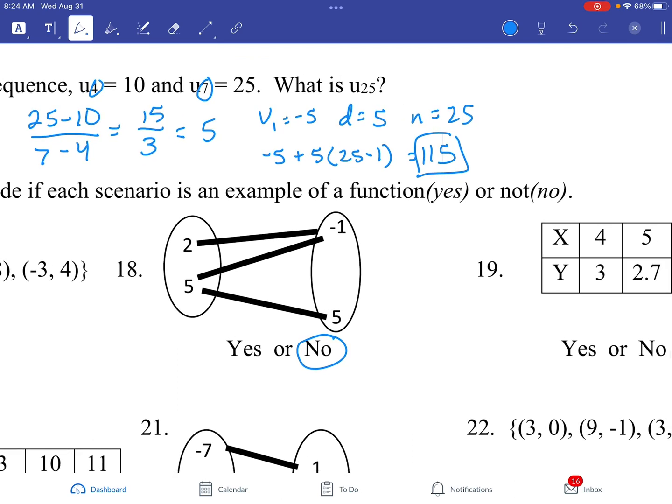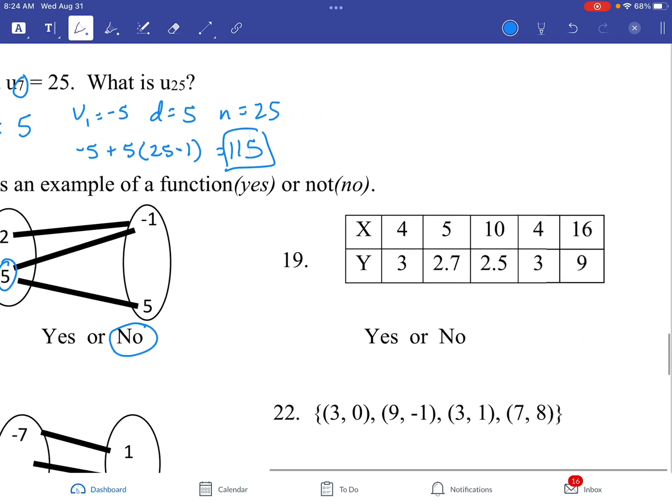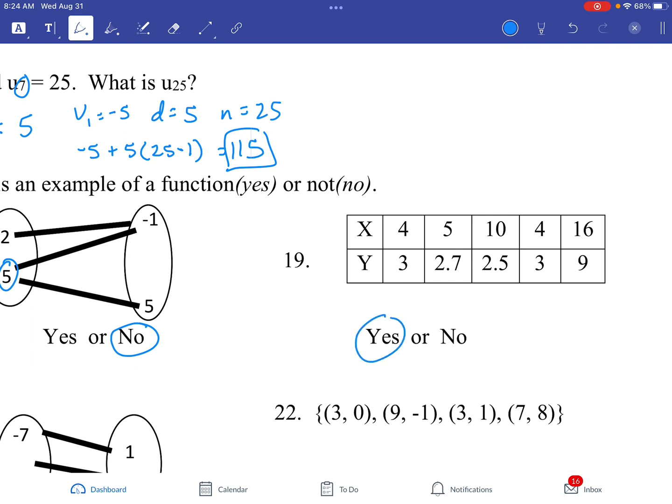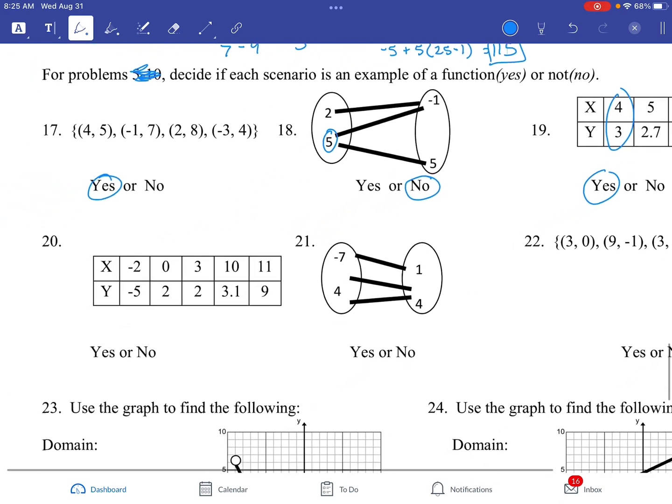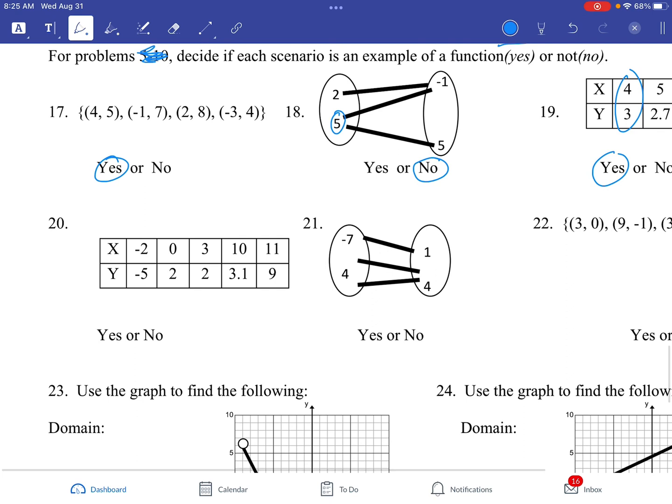This one can only have one y per number and has both negative 1 and positive 5. So that's a no. The next one, this is a yes because although the 4 is seeing 3, 4 is seeing 3 again, and that's fine because it's the same number. Right, the next one, each x has its own y. That is a yes.